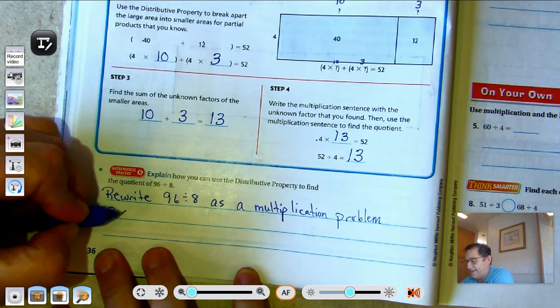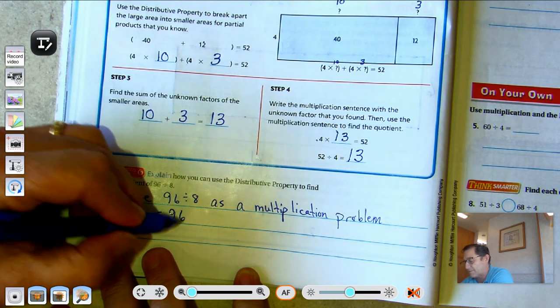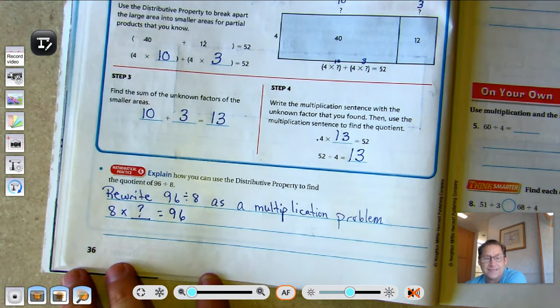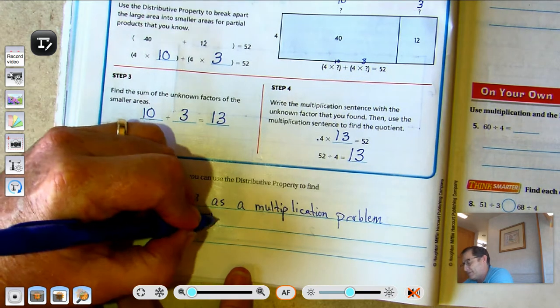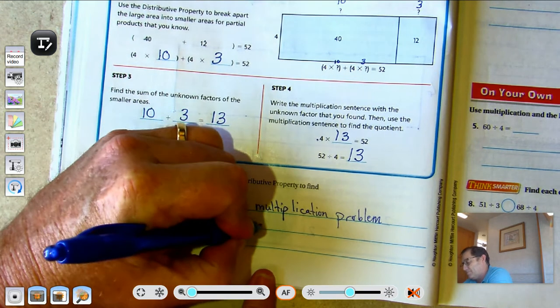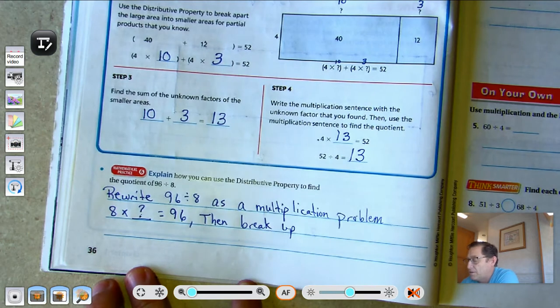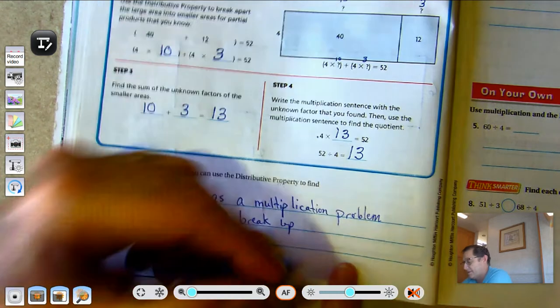Okay, and we're going to write 8 times something equals 96. Now, break up the 96 into 2 smaller areas for partial products that we know.